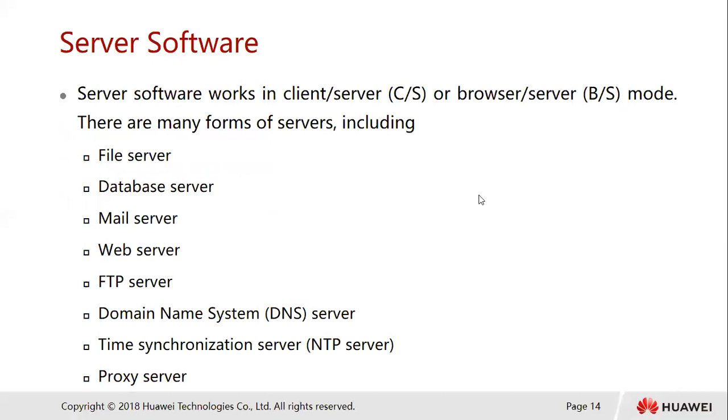Common server software. We have the file server, dealing with files, the database server, dealing with the database, then the mail server, dealing with emails, the web server for web applications, and then the file transfer protocol server, the DNS, and then the NTP server.